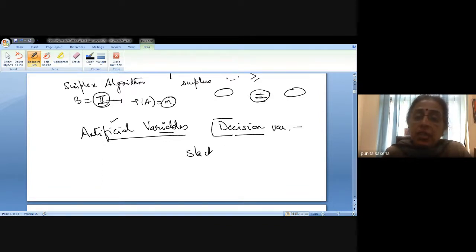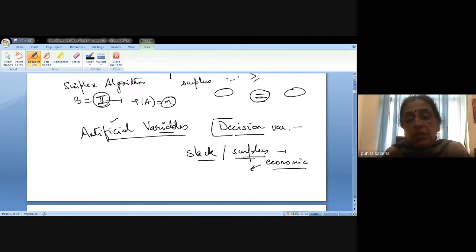Similarly, we had slack or surplus variables, where we observe that they do not have any physical significance as such. That is why they do not contribute to the objective function values, but they have their own economic significance, because every slack or surplus variable can give us some information on the corresponding resource.